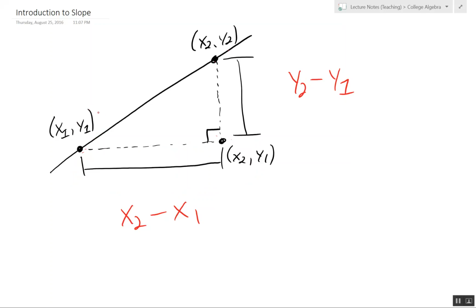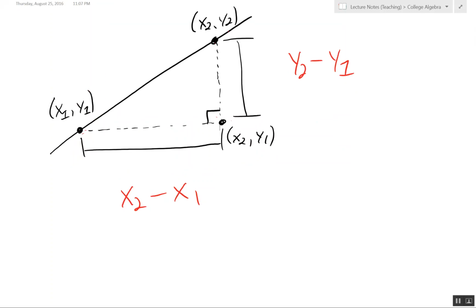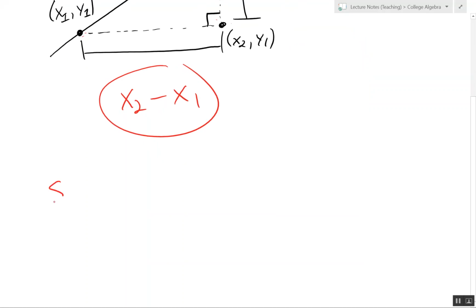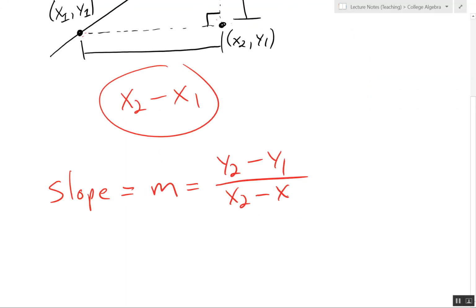So what is slope then? Slope is just the ratio of this quantity over this quantity. In other words, slope, which is given by the variable m, is y2 minus y1 over x2 minus x1.